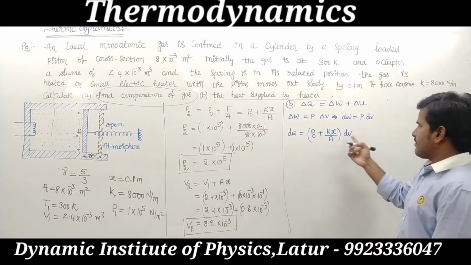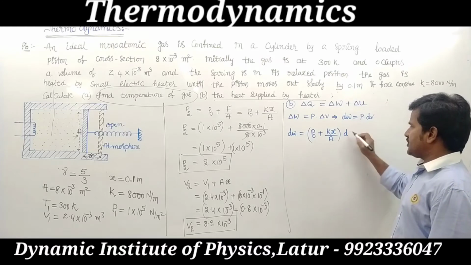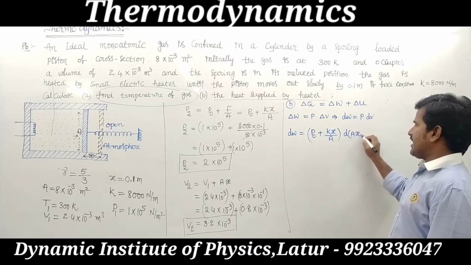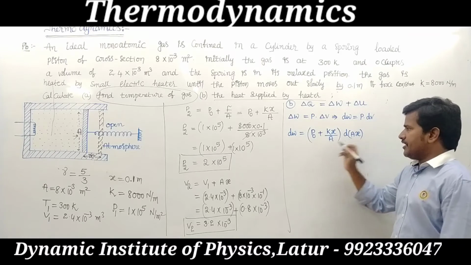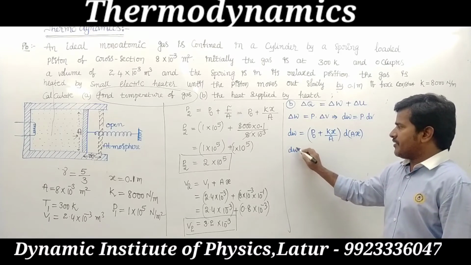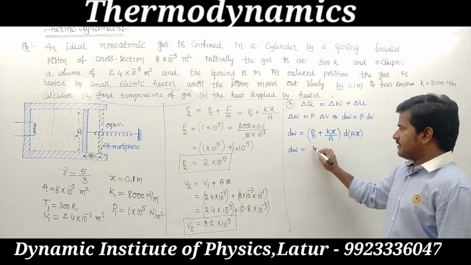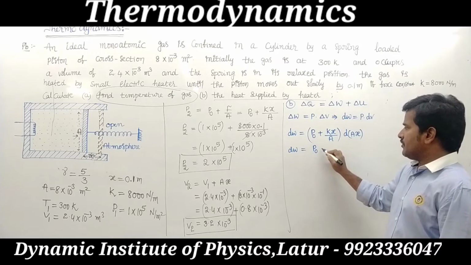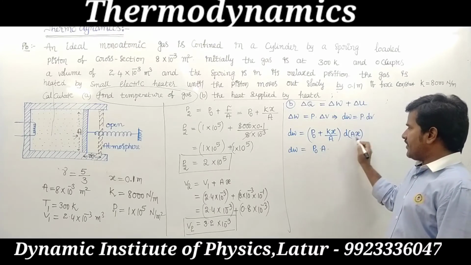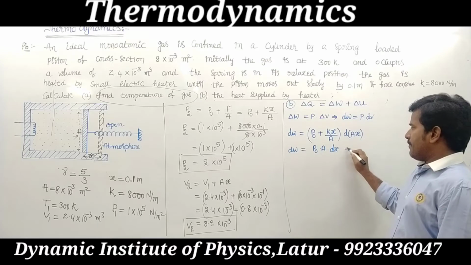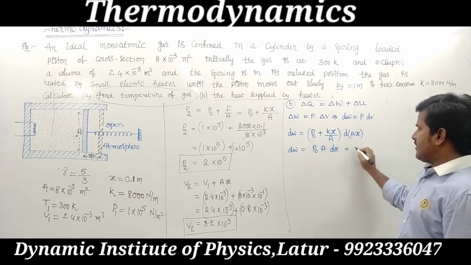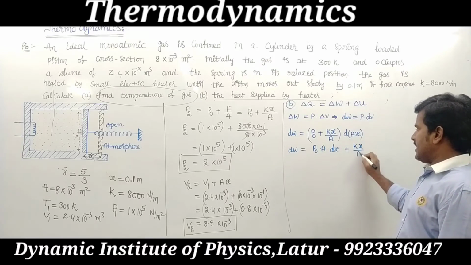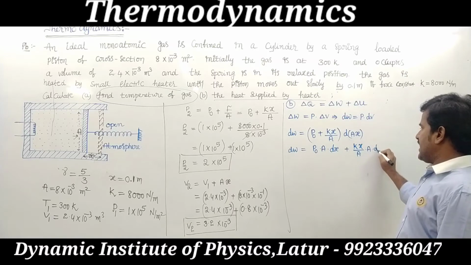So dV is the differentiation of A into x, since volume is A into x, where dW equals P naught into A into dx plus Kx upon A into dx.